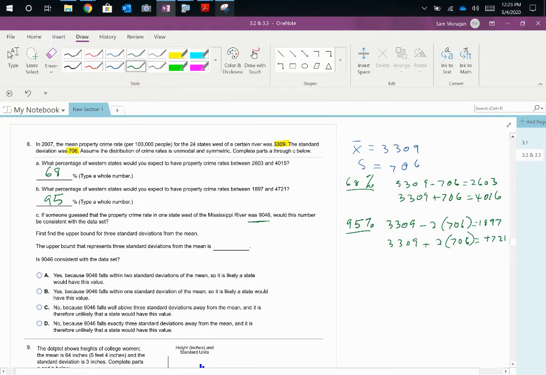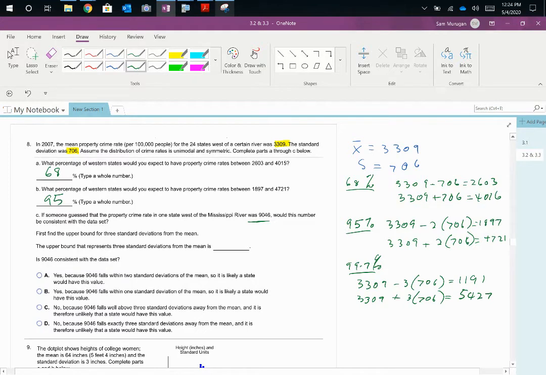So let's see what 3 standard deviations would be, 99.7%. 3309 minus 3 times 706 is equal to 1191, and 3309 plus 3 times 706 gives 5427.